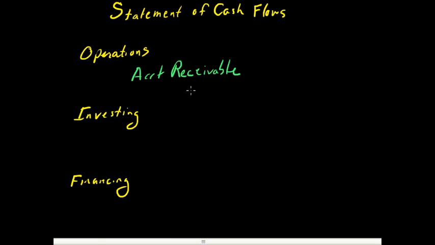An account receivable is money that's owed to you. So you made the sale, but you didn't yet receive the cash. And so a statement of cash flow takes accounts receivables into consideration, and it says, hey, we don't have that cash. We haven't had an inflow of cash from that.